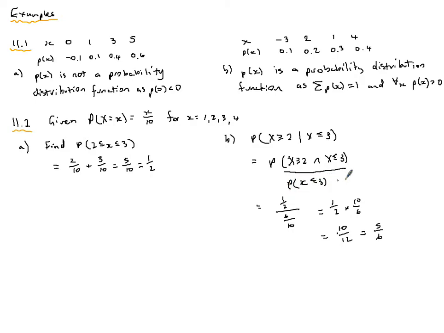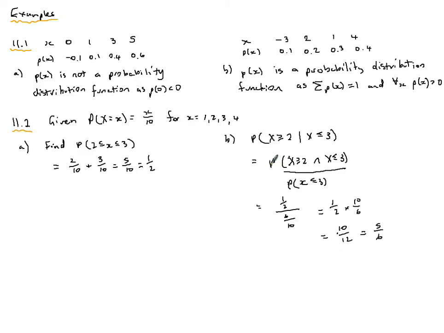So to do that, we would use this thing that has a name, a conditional rule for probability. We'd find this probability where it has the intersection with this and then divide it by that.